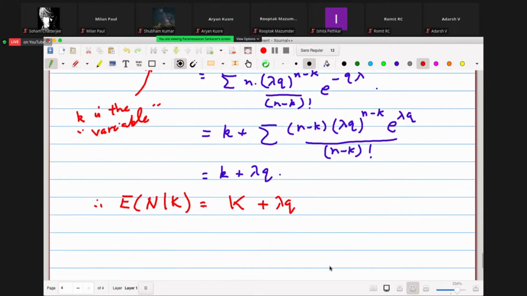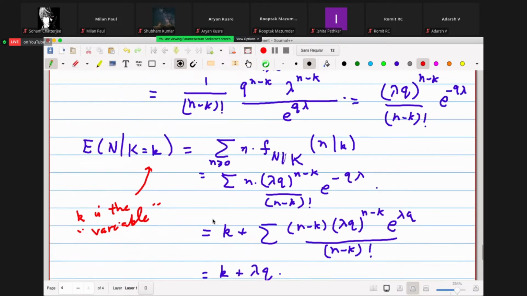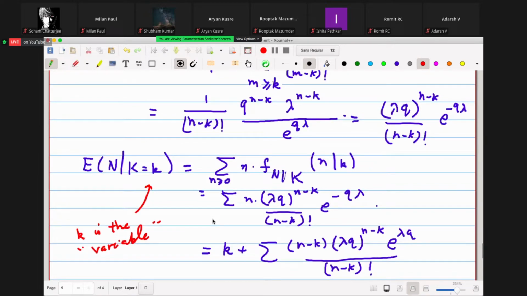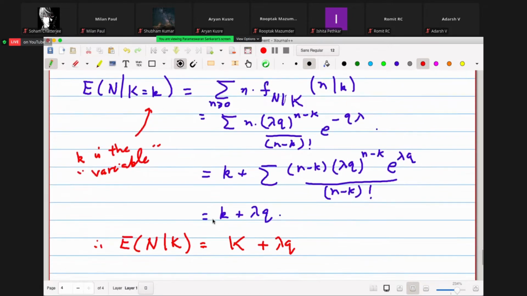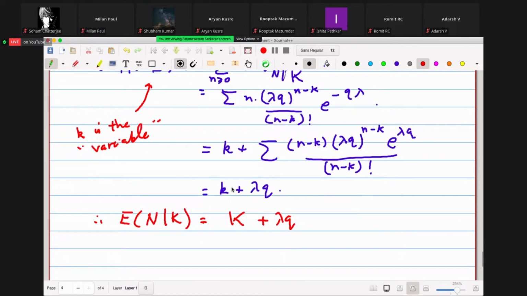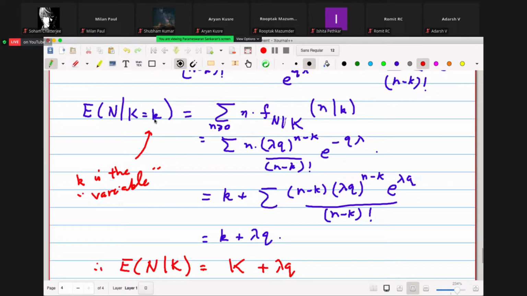This is a very crucial thing to note. You are interested to compute expectation of n given K as a random variable. But you write here the expectation for a specific value of k, you evaluated it at k. And so it's no wonder you will get a function of k.